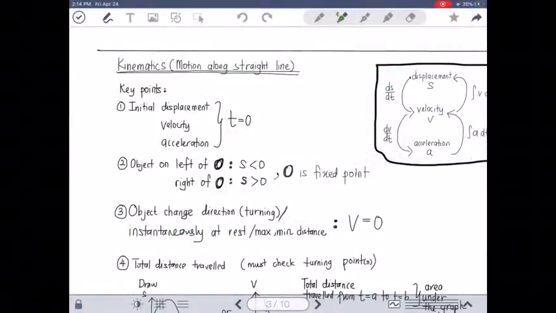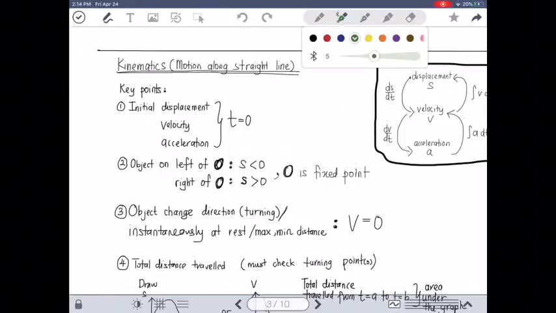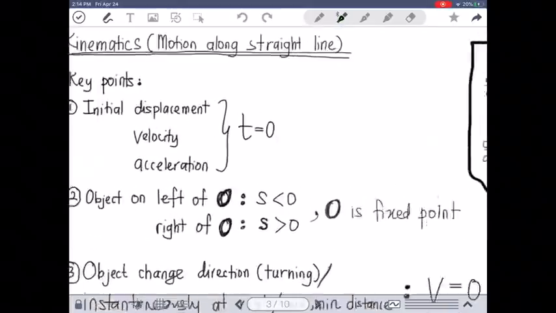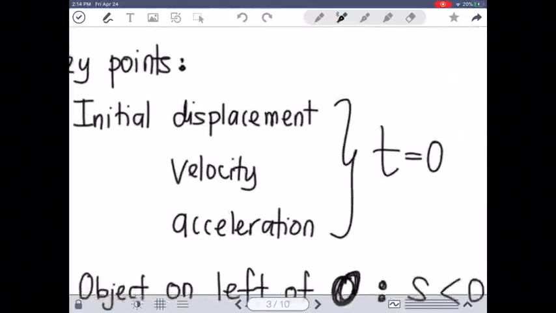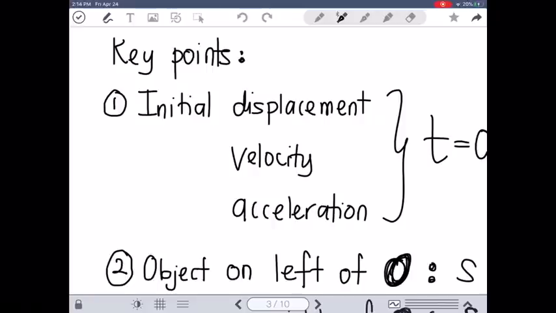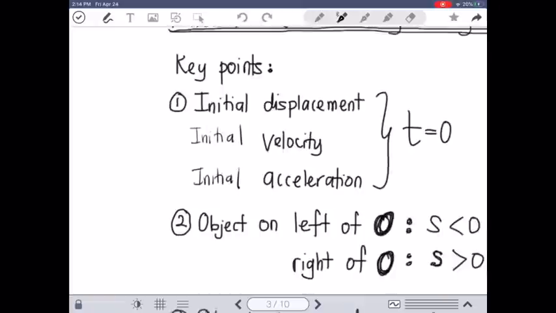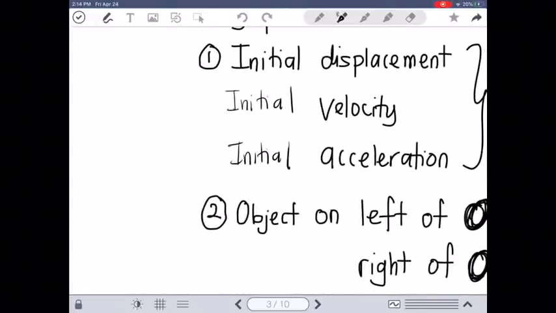Okay, now we are going to have a look at a few important key points in the chapter. This first one is the word initial. If you have the phrase initial displacement, or initial velocity, or initial acceleration, what does it mean by the word initial? Initial just means early.